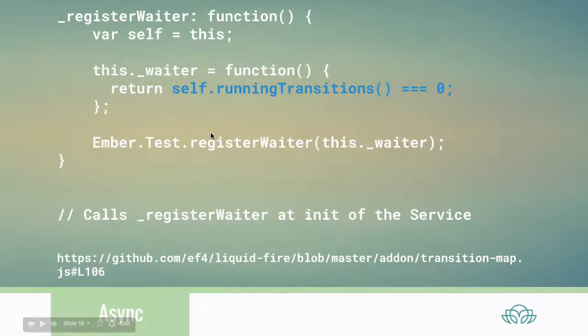This way it's able to look at its internal state, so it can see if any transitions are happening and wait on those. And I think I've used this technique and it's very useful so that you can get at states way inside your application when you're using something like Ember CLI and you don't have globals. And not that looking at globals was a good practice to begin with.